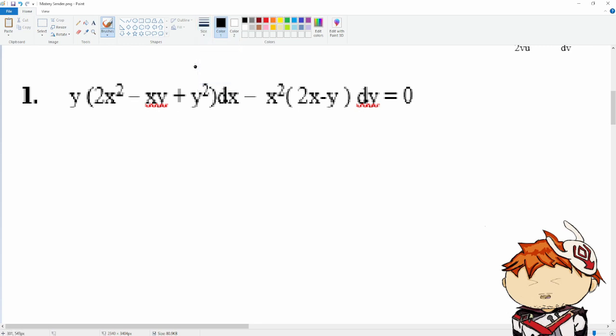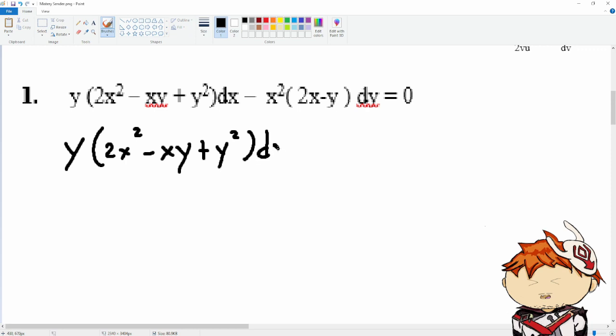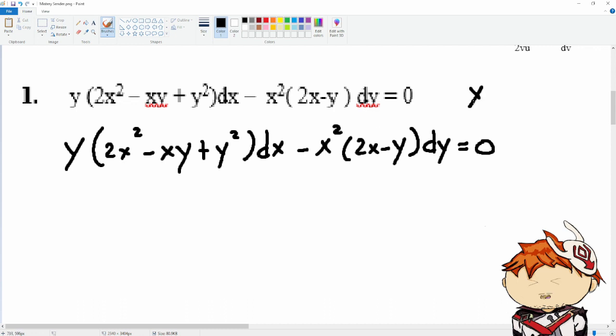Okay, so first off, we have a differential equation. Let's write that up first. So I'm gonna write them. My writing is still disgusting. Writing is bad. But just make sure that your x and y are basically not the same.